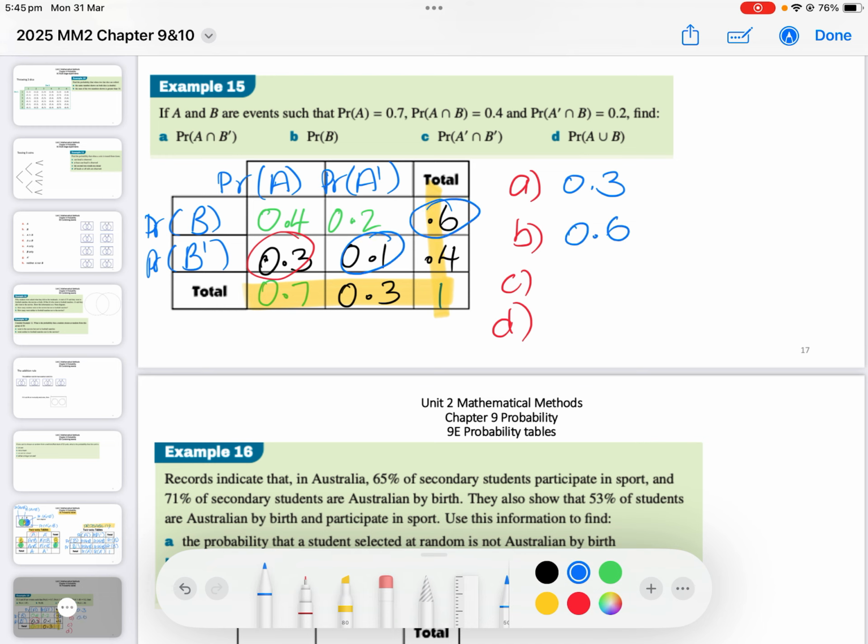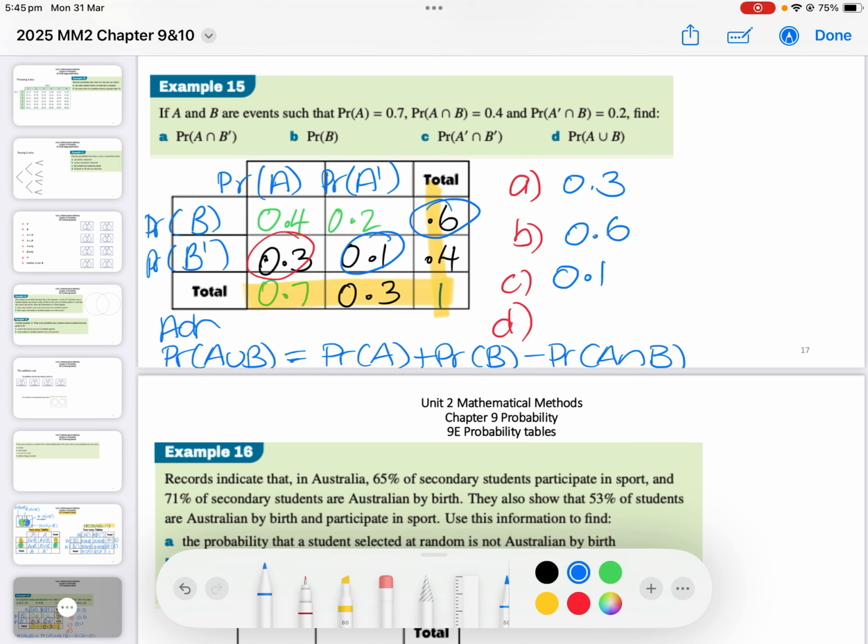A dashed intersect B dash. And A union B. We've talked about that previously, I believe. Did we use the addition rule? Yes, we said the probability of A union B is the probability of A plus the probability of B minus the probability of A intersect B. That's one you have to remember.